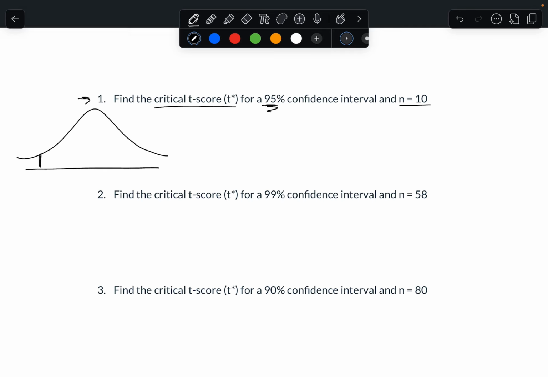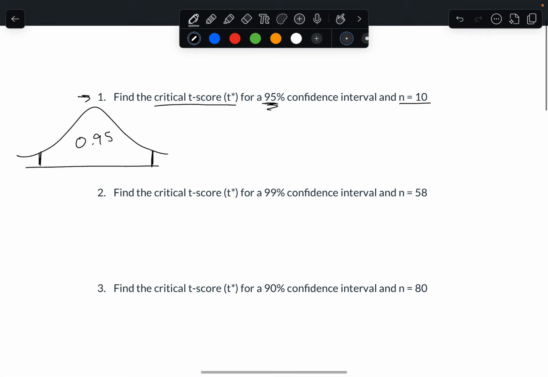And when I look at a confidence interval, in particular my confidence level, my goal is to capture the middle 95% or 0.95 of my sampling distribution. I want the area in the middle to be 0.95. Now when I go to look at my table in just a moment, it's going to ask me about the area in the tails, either the area in one tail or the area in two tails.